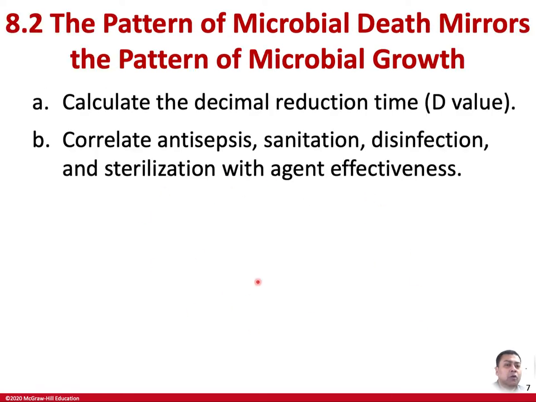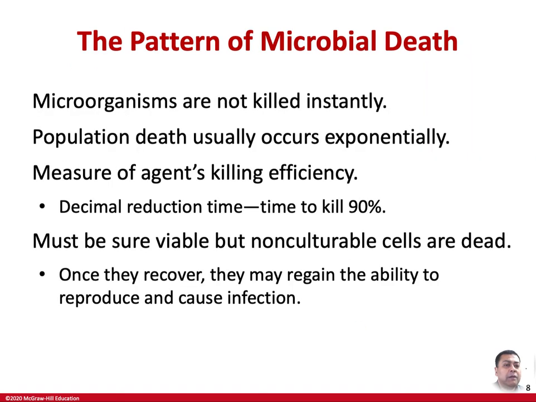Let's take a look at the pattern of microbial death, which is also a mirror of the pattern of microbial growth. Microorganisms are not killed instantly, and population death usually occurs exponentially. Remember that when we talked about the growth of microorganisms, after the initial lag phase, growth happens exponentially in a log phase.